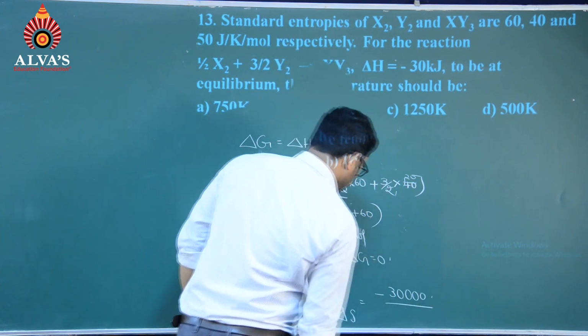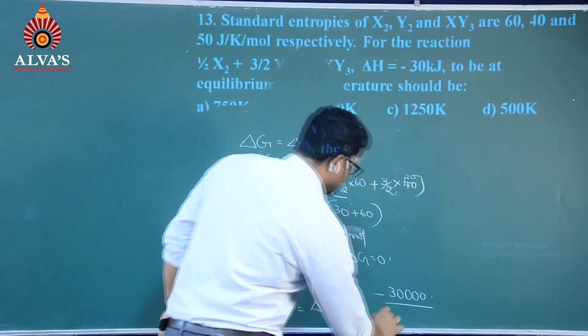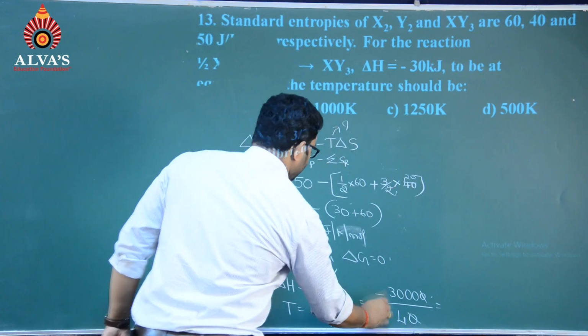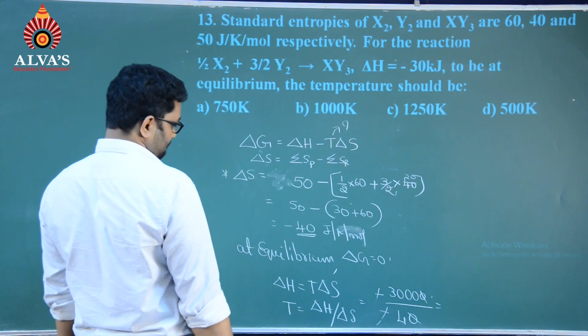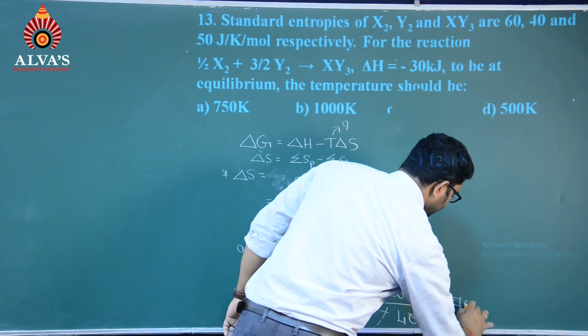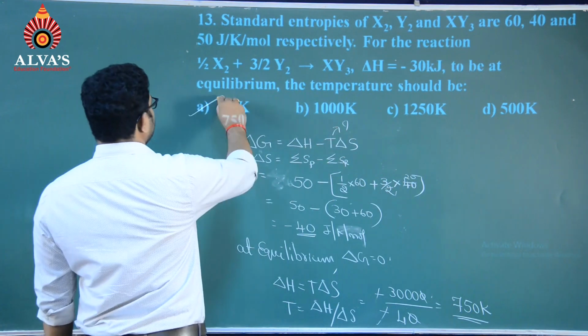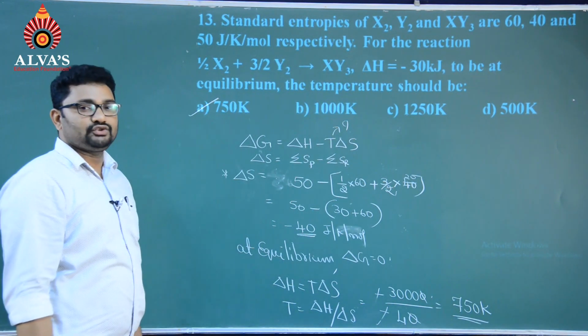It should be in joule, divided by delta S is minus 40. Therefore, answer for this question, it comes around 750 Kelvin. Therefore, temperature is 750 Kelvin. Therefore, option is A for 13th question.